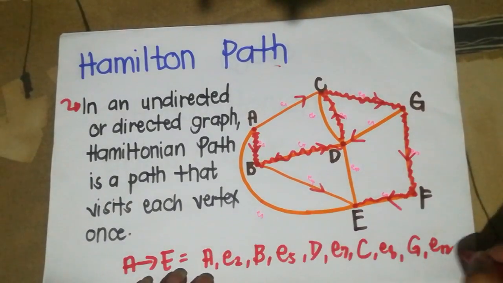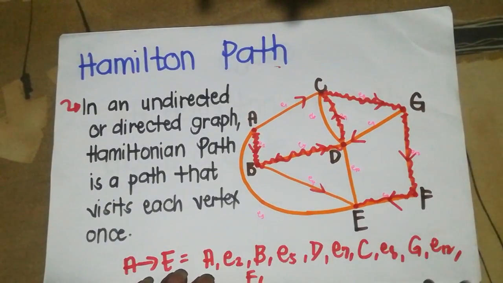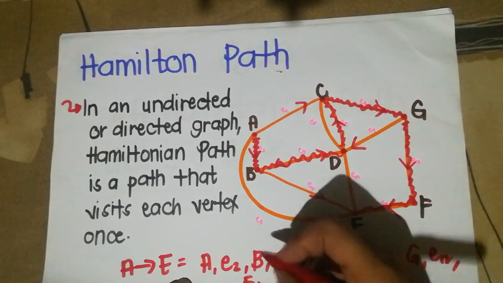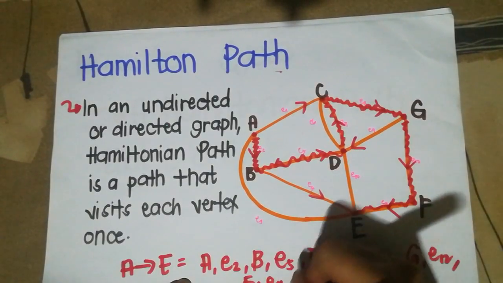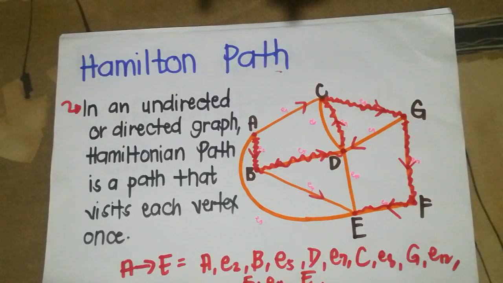Okay, from E12 to F, and then from F you have E11, and then from E11 you have already visited the vertex E.